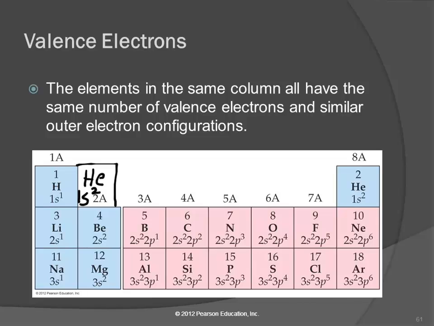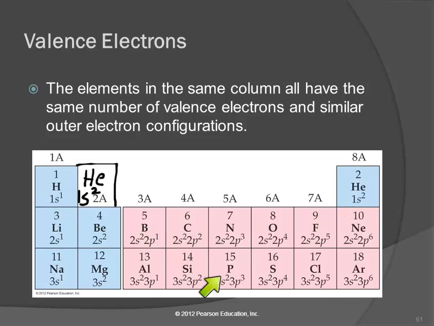Now, if we look at group 1A here, how many valence electrons does hydrogen have? Well, it only has 1 electron, so it's got 1 valence electron. How about lithium? It has 1. And how about sodium? 1. And what group number are they in? 1. Let's go over here, nitrogen. How many valence electrons does nitrogen have? 5.